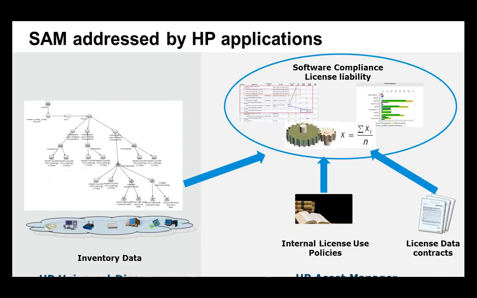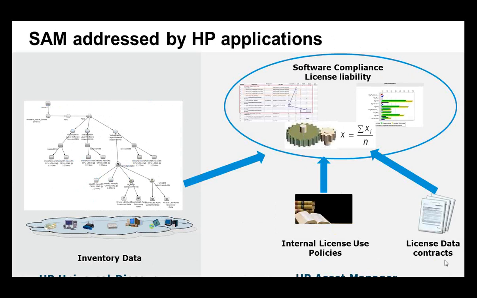So to give the picture now, it's the same thing that I explained in the previous slide, but more visual probably. You will see on the left, UD will discover the deployed infrastructure and will populate asset manager that you see on the right. Asset manager will store this inventory data. We store the internal policies data and who is allowed to use what application.